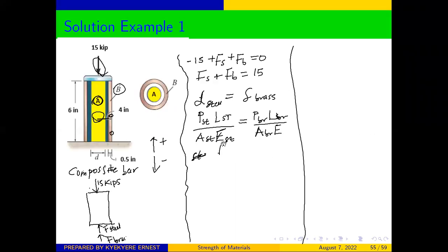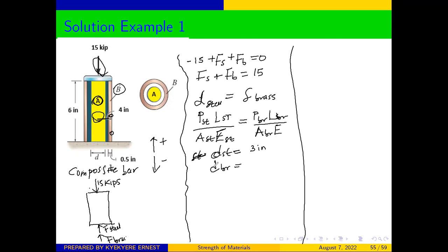We know that the diameter of the steel, from the question, is 3 inches. But let's look at the diameter of the brass material.